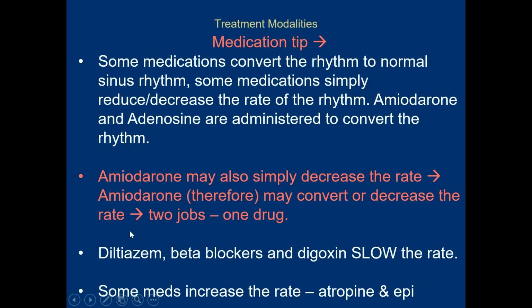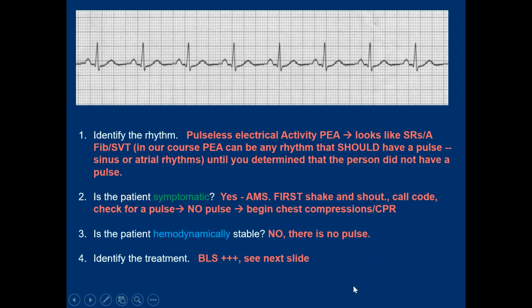I've listed amiodarone twice because amiodarone kind of has 2 personalities. Amiodarone can convert the rhythm, but in some patients it simply slows the rate down. So again, make sure that you get this: there are some rhythms that convert, some rhythms that simply slow the rate down, and then some rhythms speed the rate up. So there's your little reminder sheet. Put these in their categories if you want.